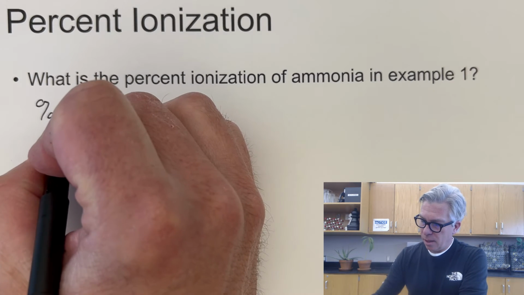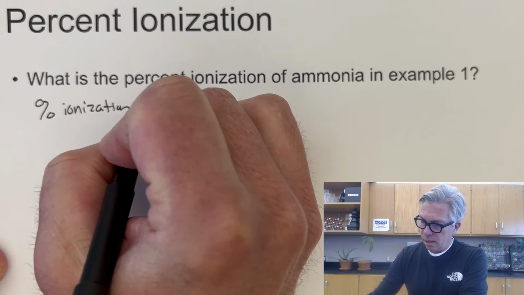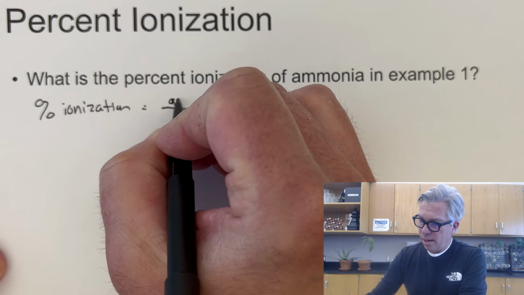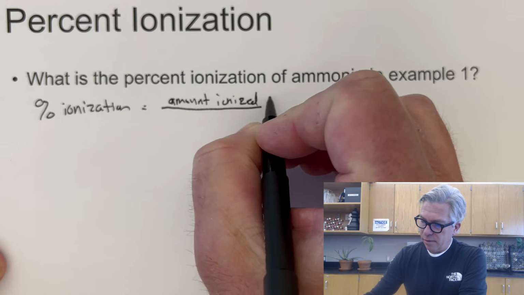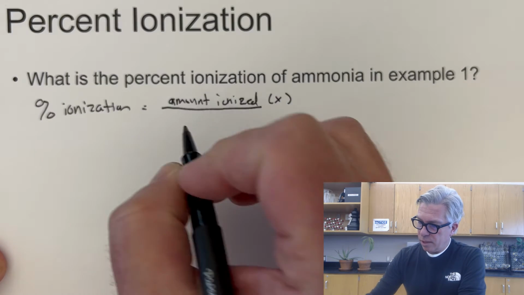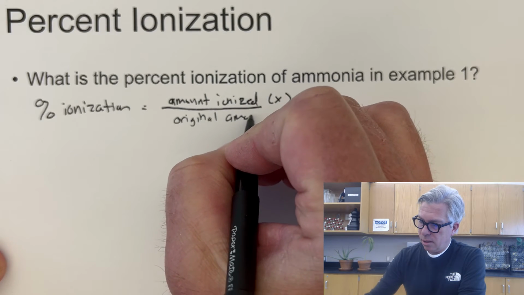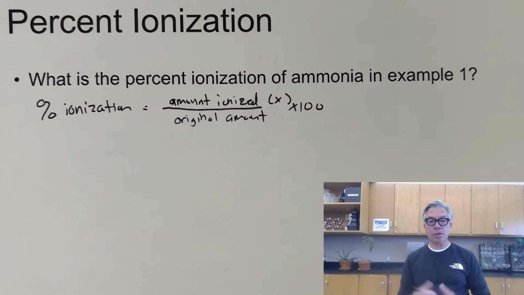Percent ionization equals the amount ionized, and very often that's pretty much your x value, over the original amount, and we multiply that by 100 to get the percentage.